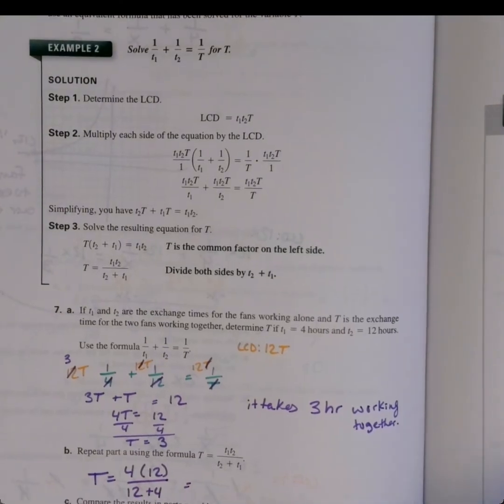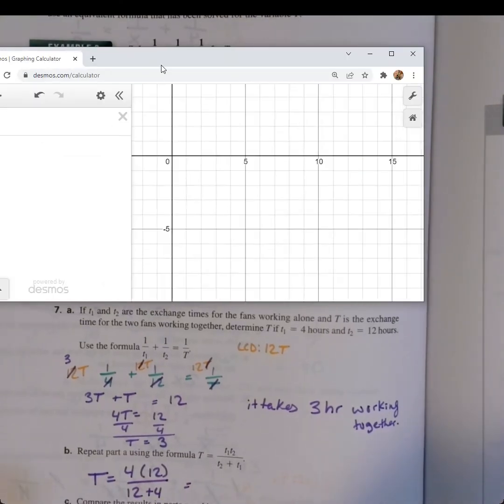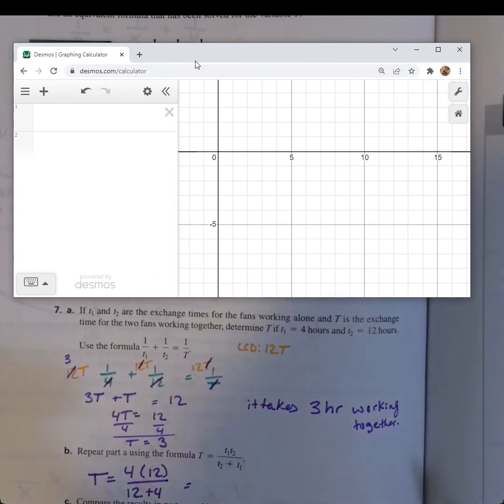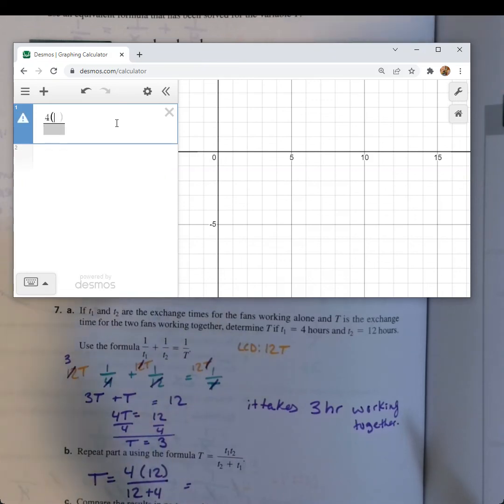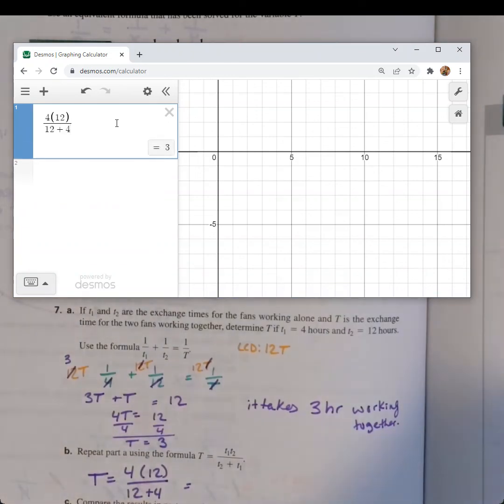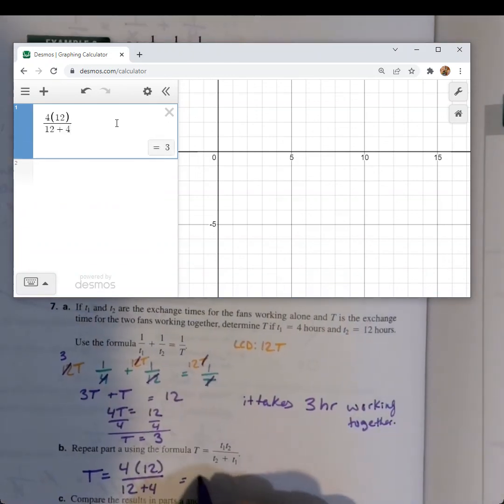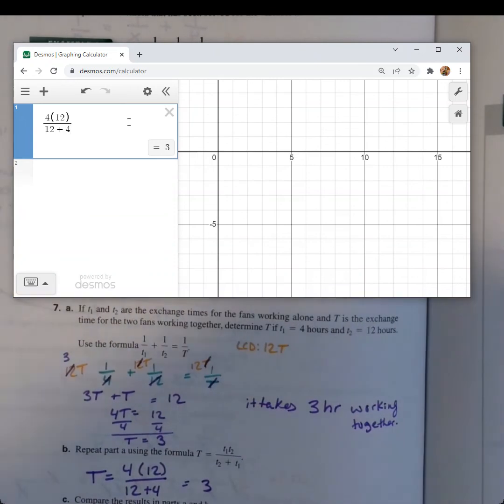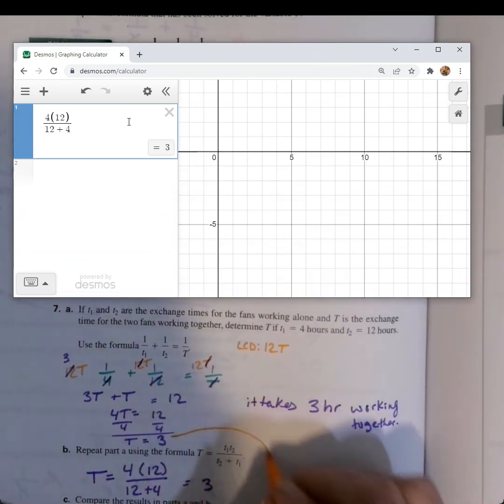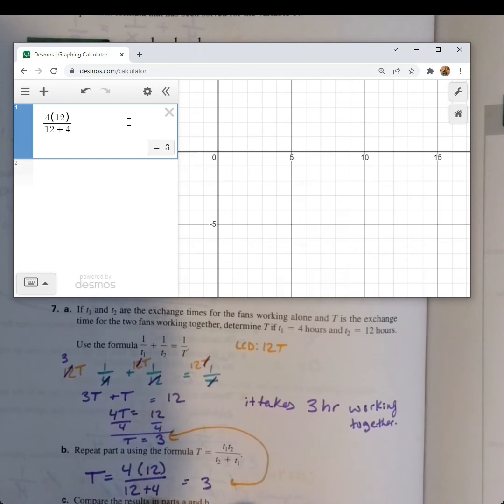So I'm going to go ahead and put that number into Desmos. I'm going to do 4 times, oops, I had to click. 4 times 12 over 12 plus 4, I get 3. Okay, compare the results. I'm already comparing them. My results are the same.